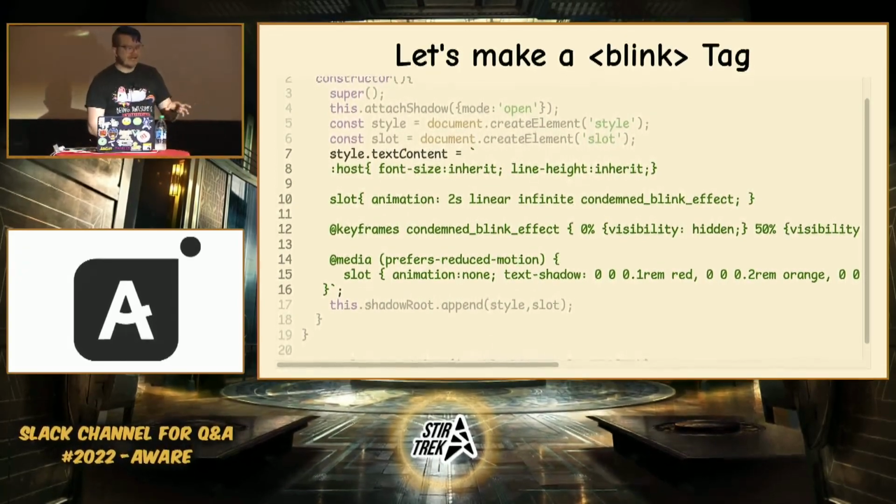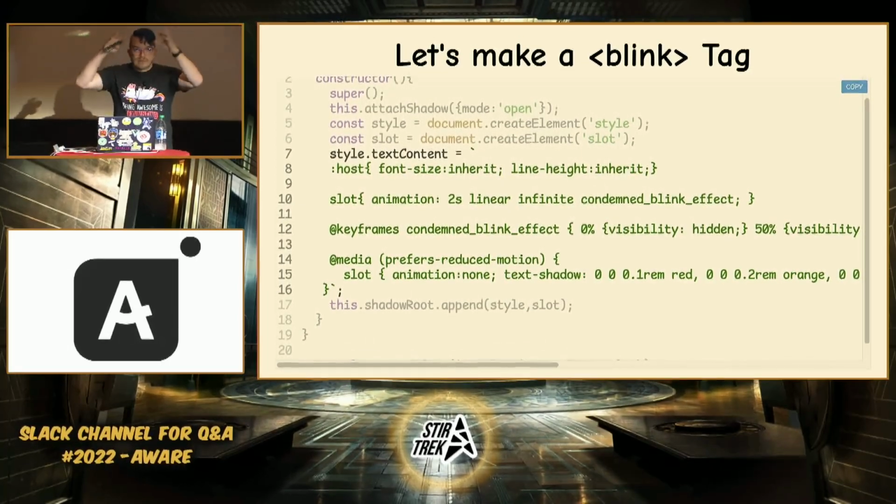The first line in there, let's see if I can make this work. Oh, I can, sweet. The first line in there, we have :host. So :host, once again, is a special CSS selector that is only used in Shadow DOM. It allows you to say, hey, the thing that's the wrapper for this, the element that is containing all of this stuff, apply styles to that.